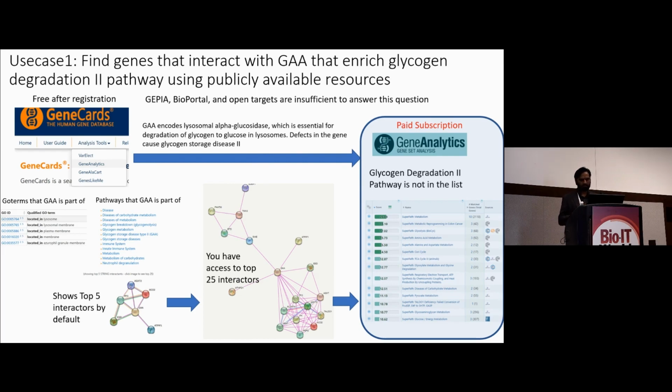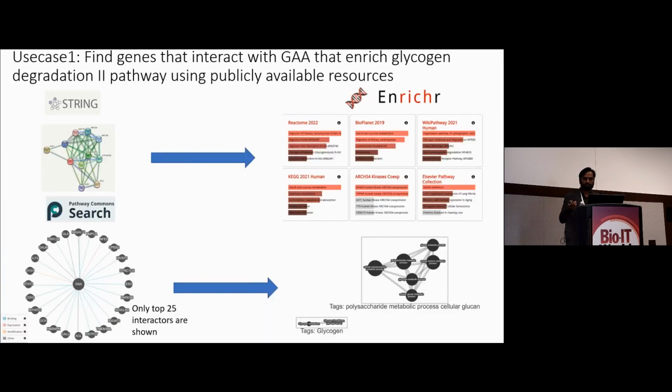Okay, so there are other ways to do this, right? So I could use a very popular database, which is open source, called StringDB, and then do the same iteration: provide it with a protein gene symbol and ask it to give me everything that interacts with it, okay? So believe it or not, even StringDB has a limitation on the number of proteins that it can provide you as an output.